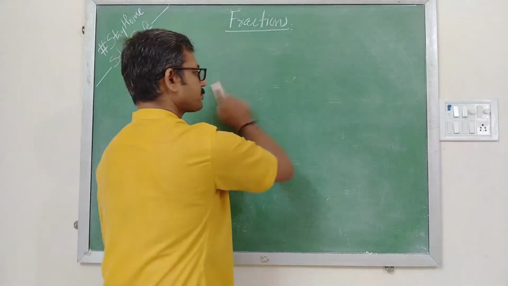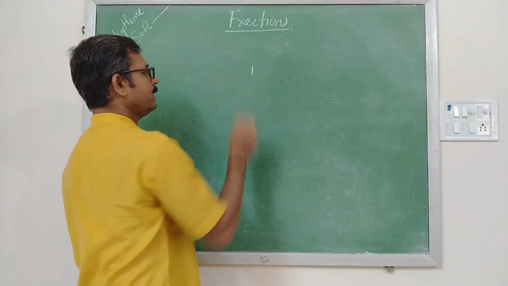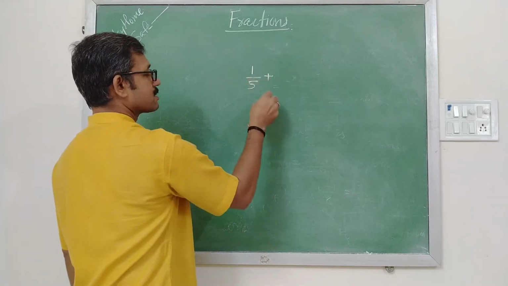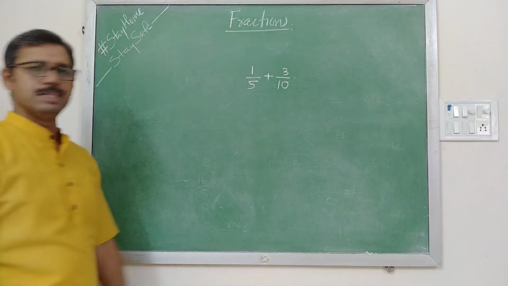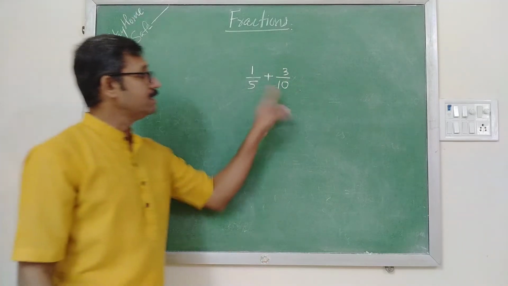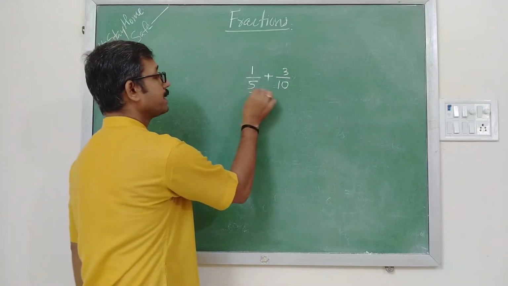Let's take one very small example: 1 upon 5 plus 3 upon 10. Now we have to add this. In order to add this, is it possible? No. Why is it not possible? The denominator is not the same.